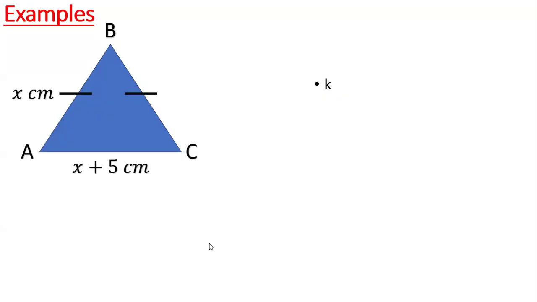Who said isosceles? Amari, why did you say isosceles? Because two sides are equal. Very good. So this is definitely an isosceles triangle because two sides are equal. Because we have this bar and this bar, that means the two sides are equal.